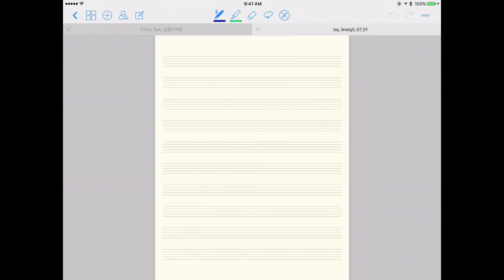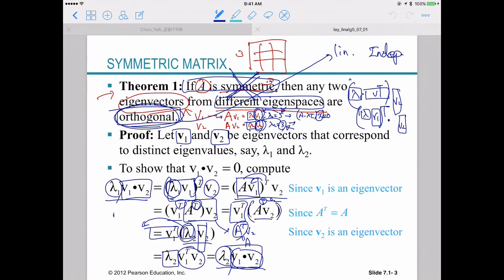The first theorem that we learned last time was that the symmetric matrix is special. It will have its own eigenvalue and eigenvector pairs. We don't know how many yet, but there will be several pairs.